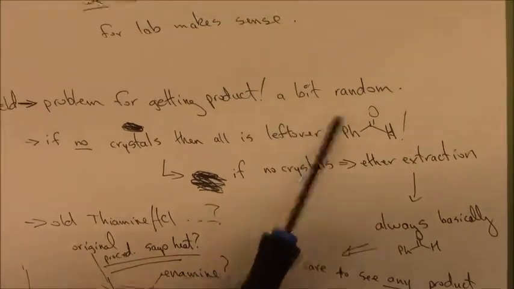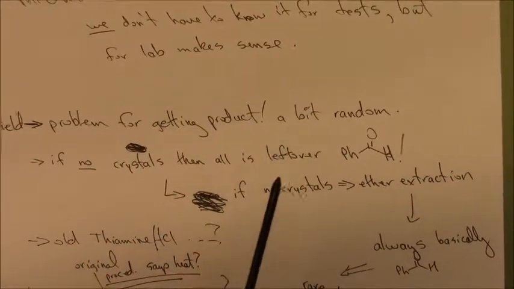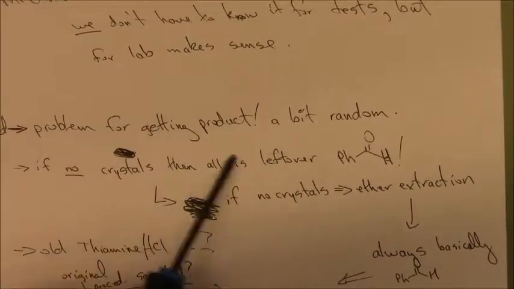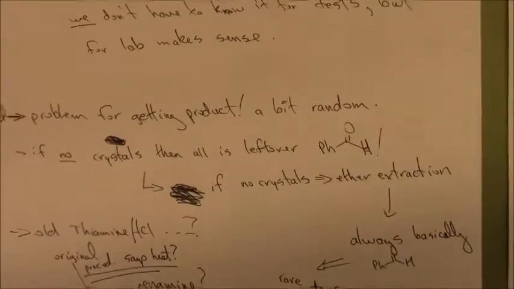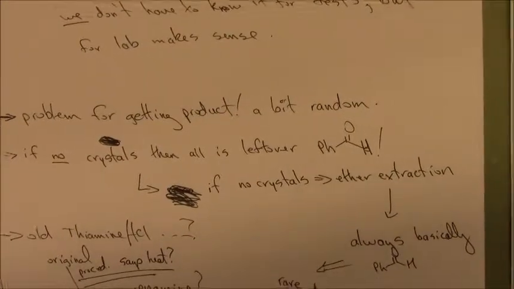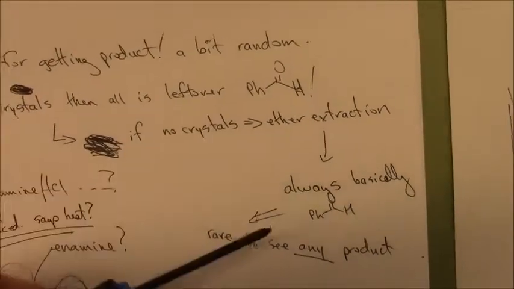So there's a bit of randomness to this. And even to this day, what you guys are using works the best so far, but there's always some randomness to it. Everybody could use the exact same thiamine chloride, exact same benzaldehyde, whether it's distilled or not, and it seems to make no difference. So we're still a little bit left out there.